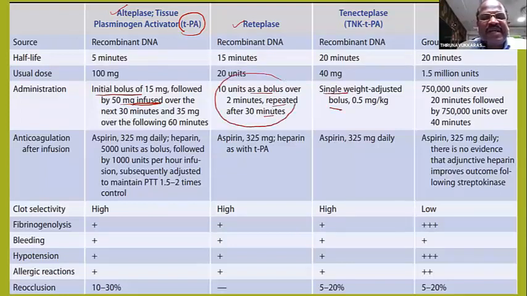That's why sir mentioned that in foreign countries, even in the ambulance itself, while shifting the patient to hospital, we can thrombolyse the patient by injecting a bolus thrombolytic agent. So which are the bolus thrombolytic agents? The answer is reteplase and tenecteplase.